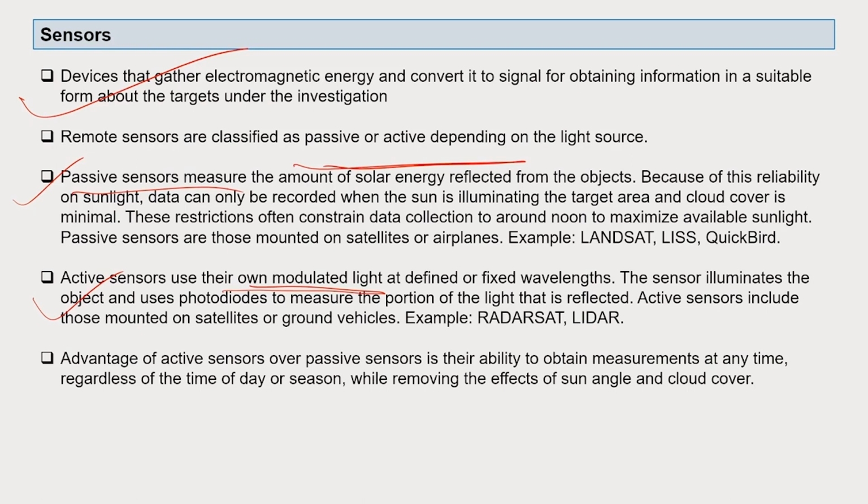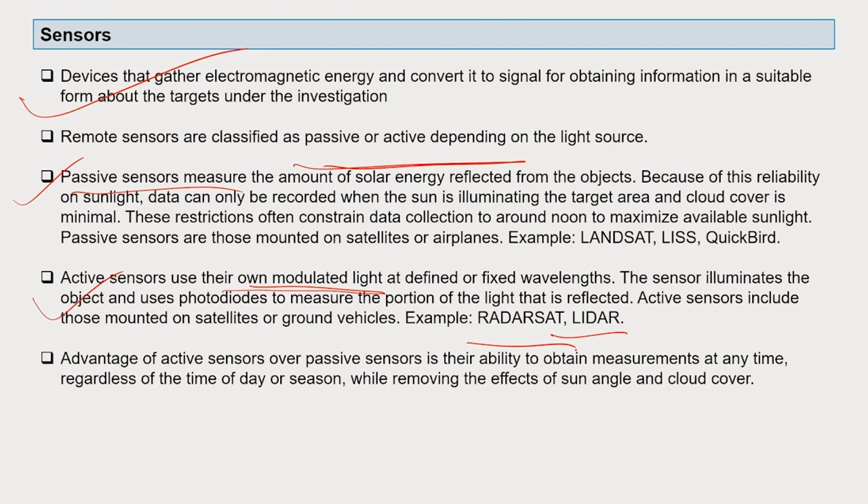The active sensors include those mounted on satellites or on ground vehicles. In countries like the United States they use ground vehicles, and we have also started using ground vehicles. In ground vehicles we carry different kinds of active sensors like LiDAR and radar sat.